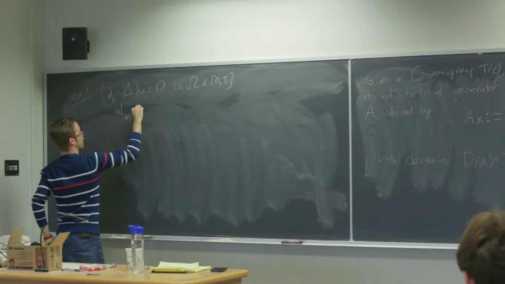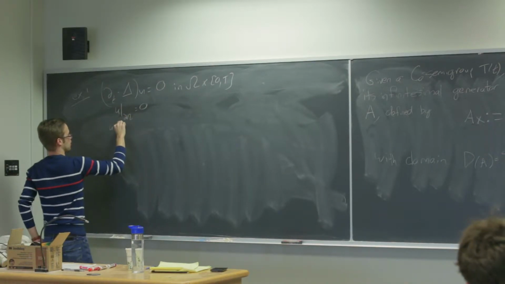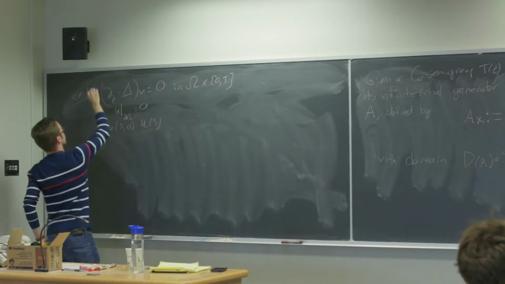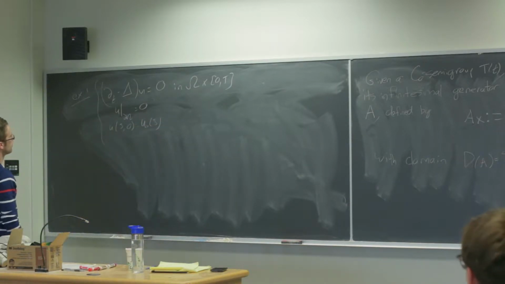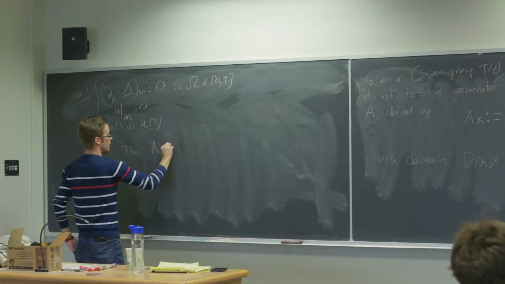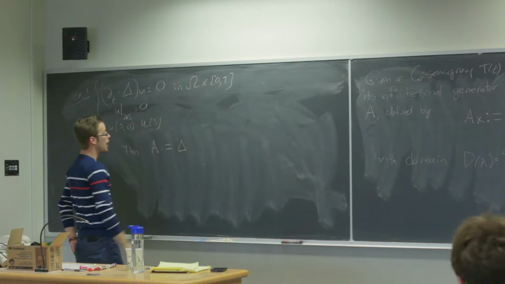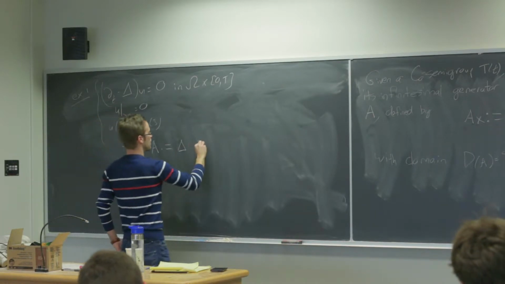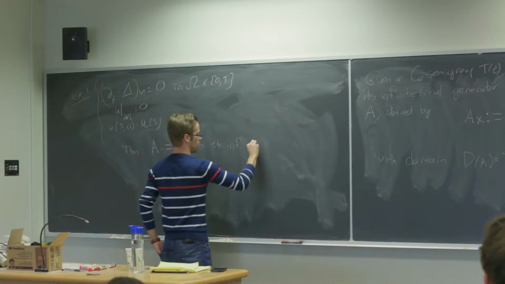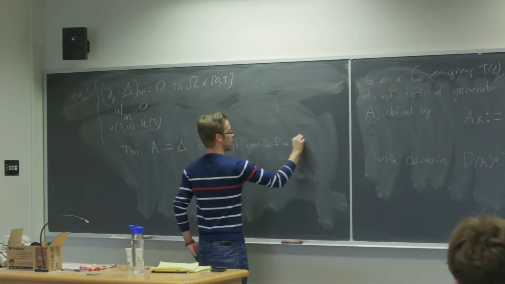Let's say we have 0 boundary data with initial data some function. Then it turns out the operator A, defined to be the Laplacian, is the infinitesimal generator of a C0 semigroup.